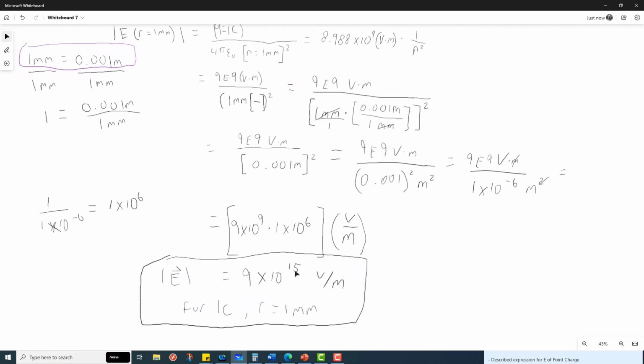And you can see the behavior here is going from extremely large values up close to extremely small values further away. And this sets us up for our next discussion of looking at trends over large spreads of values. So we're going to plot this at various distances coming up to see if we can get a better feel for what the behavior looks like.